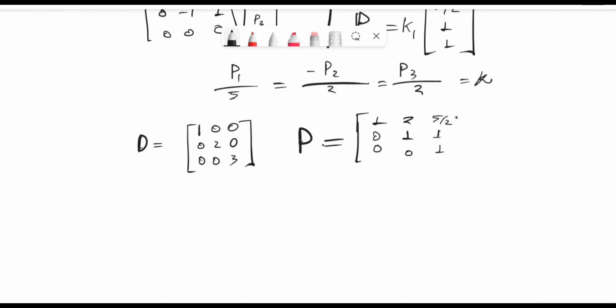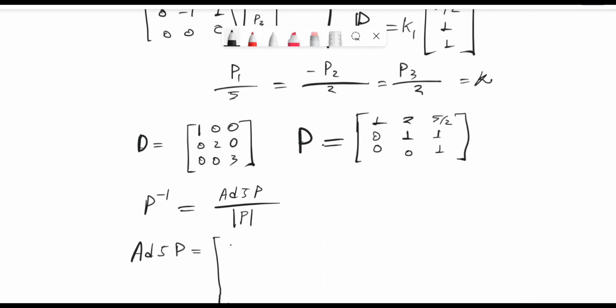So we need to find P inverse. To find P inverse, we need to find the adjoint of P divided by the determinant of P. For the adjoint of P, we have to calculate this part.